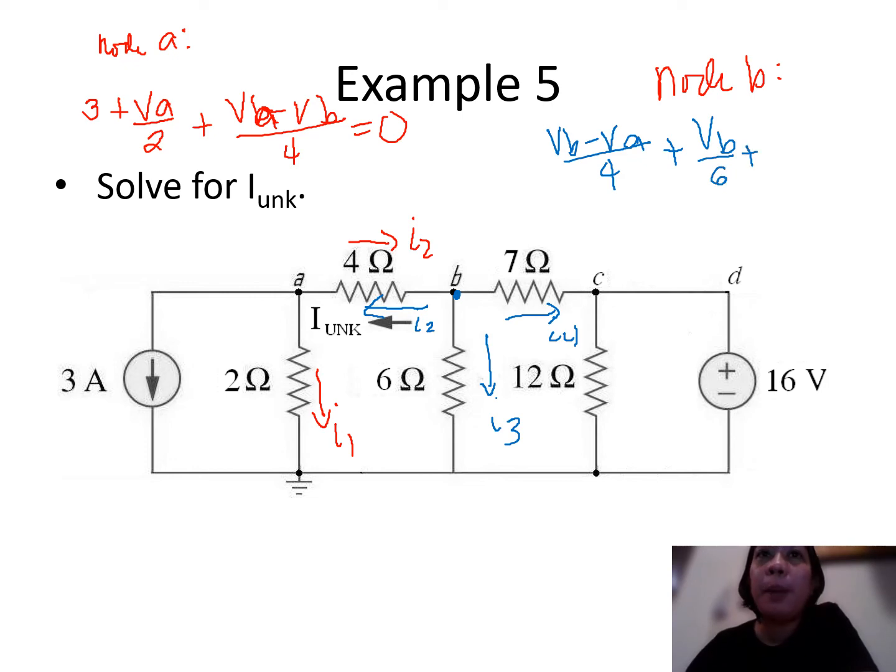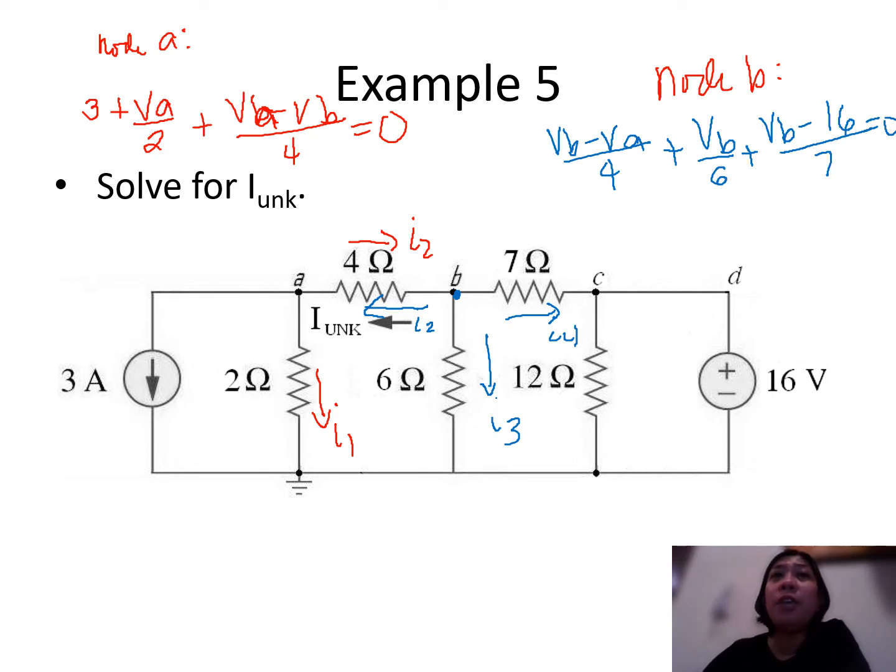Plus we have here VB minus VC. But what is VC? As you can see, your VC is in parallel with our 16 volts here. So therefore, the voltage across your VC is equivalent to the voltage across your VD, which is 16. So we have here minus 16 all over 7 is equal to 0.